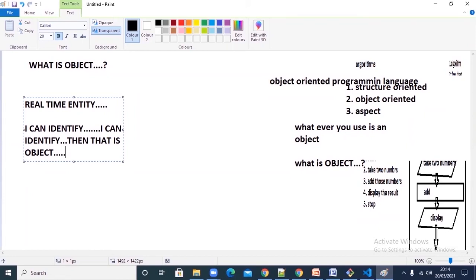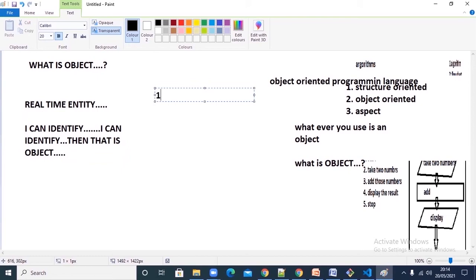Simple thing. I'm observing something on my table, and I'm able to identify that this is a mobile. How am I identifying it? With my senses, I can touch it, I can feel it, right? I can recognize it. But there are so many other objects too. How can I identify them using only two things?